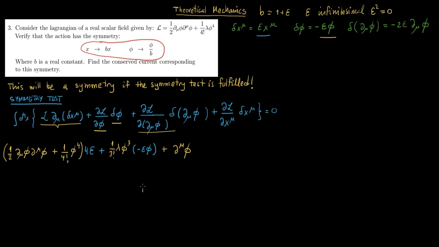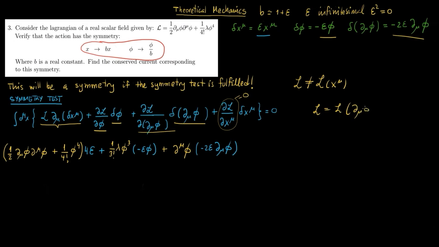Remember, we saw this in the first exercise. The next term is this, but we've calculated it a few minutes ago. So let's substitute minus 2 epsilon partial mu phi. And this is 0 because there is no explicit dependence on x in the Lagrangian density. The Lagrangian density in our case only depends on the derivatives or the fields, but not on the space-time coordinates.